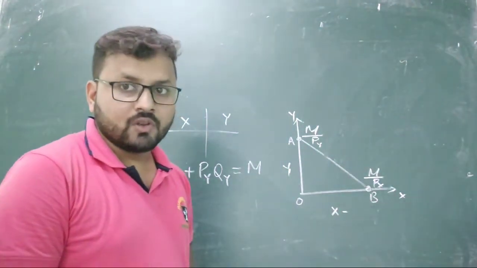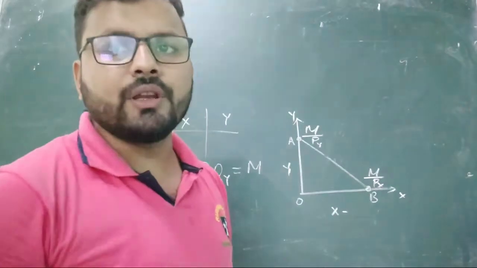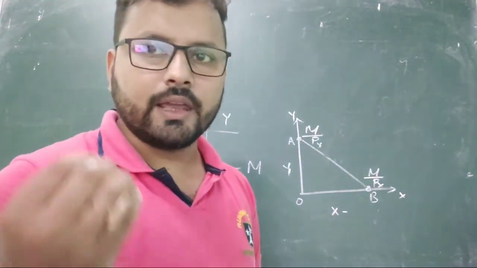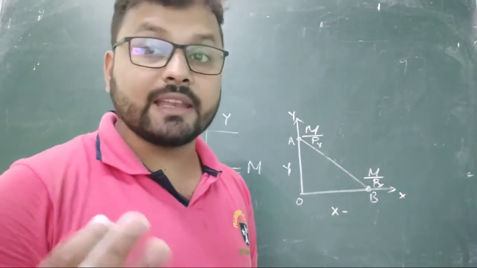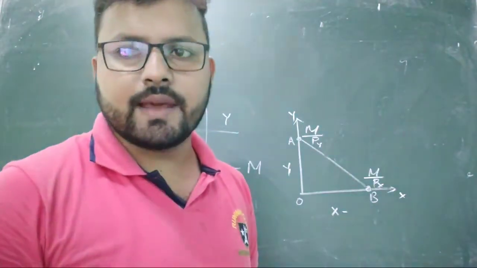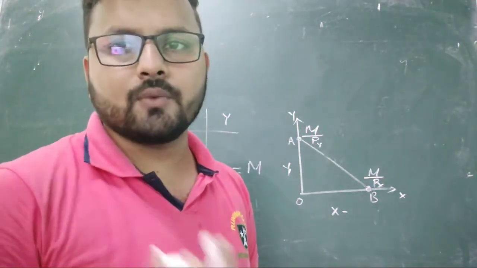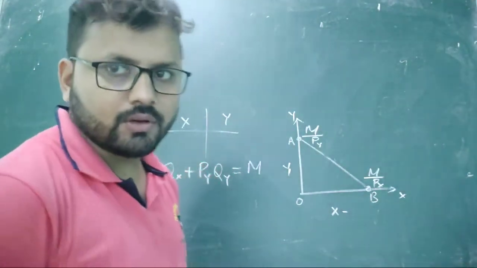So if a consumer spends the entire income on commodity X, then we have to assume that the consumption of Y is equal to 0. Clear?